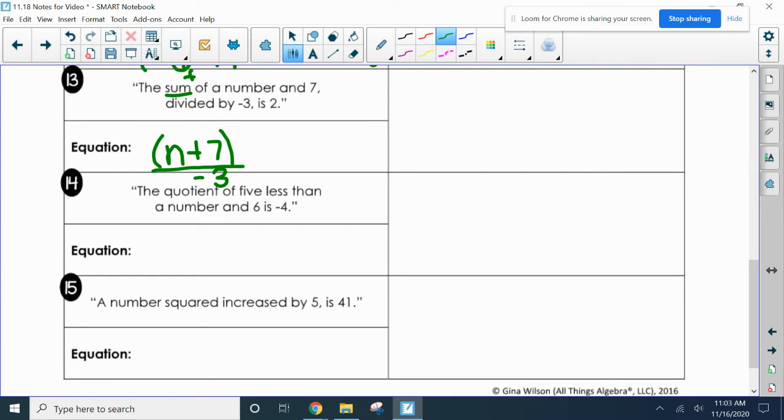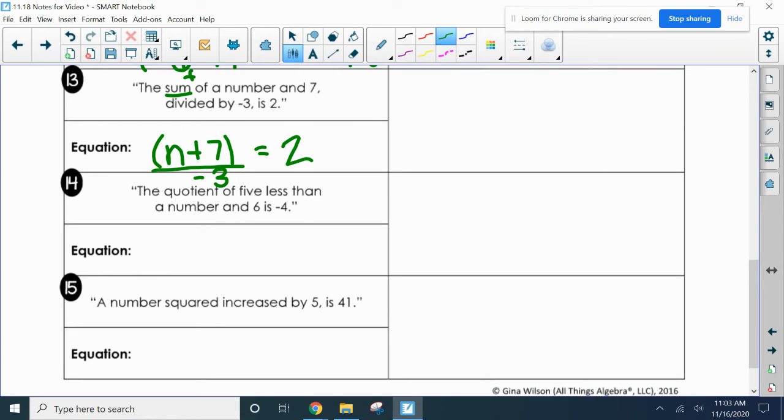So we need to put the whole thing in parentheses so that we know all of that is being divided by negative 3, is 2. That one may have been a little bit trickier. Remember, if we wrote sum divided by negative 3, that's our sum. So that one was trickier because you might have put 3 under n or 7, but it should look like this. Awesome.